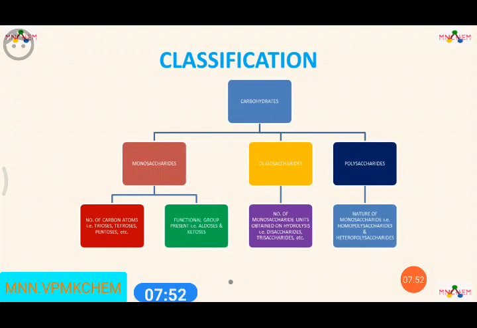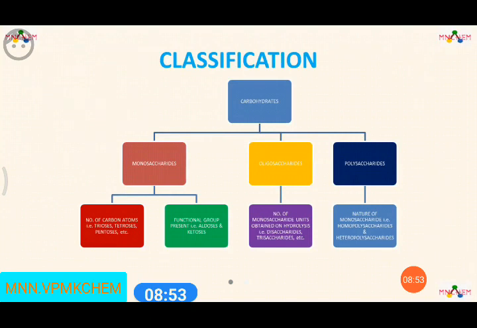These oligosaccharides on hydrolysis give 2 to 9 monosaccharide units, and depending upon the number of monosaccharide units obtained after hydrolysis, they are subclassified into disaccharide giving 2 monosaccharide units, trisaccharide giving 3, tetrasaccharide giving 4, etc. A disaccharide, for example, sucrose, which has molecular formula C12H22O11, on hydrolysis gives glucose plus fructose.